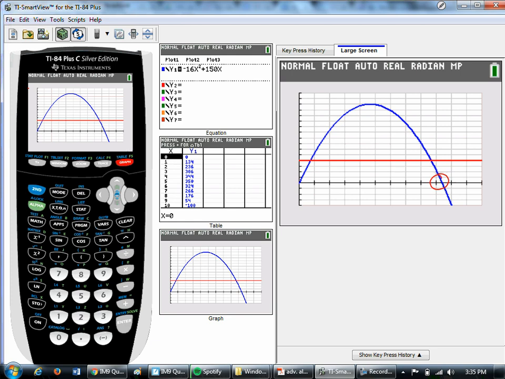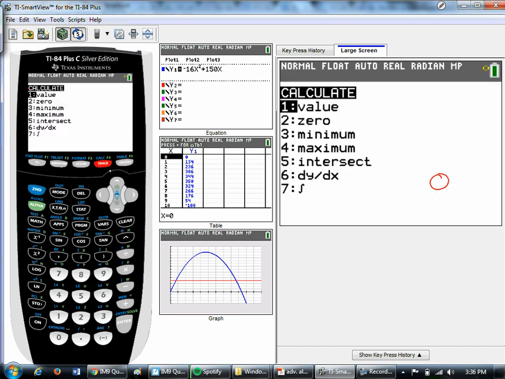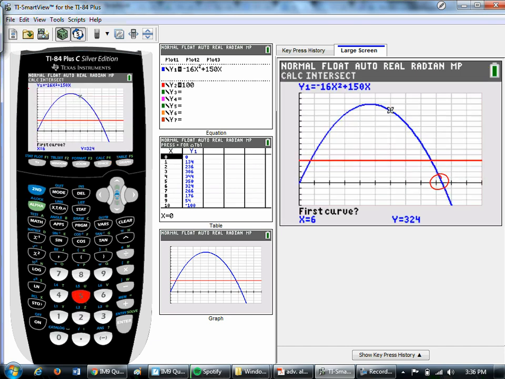Now what you want to do is you want to find the intersections between the red line and the blue line that you see on my screen. So go to your calculation menu and go to number 5. First curve means, is the blue line one of them I want to find the intersection for? Yes, so hit enter. Is the second one the one I want to find the intersection for, the red one? Yes, hit enter. And your guess.